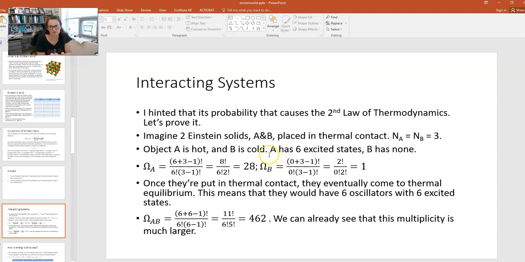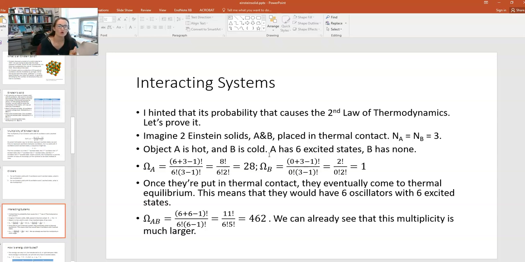Now we place them in thermal contact, and eventually those two solids will come to thermal equilibrium because that's what happens. Now what that means is that we can consider our independent systems, A and B, to be one big system. That one big system would have 3 plus 3 is 6 oscillators, but because energy is conserved, it still has 6 excited states, okay?